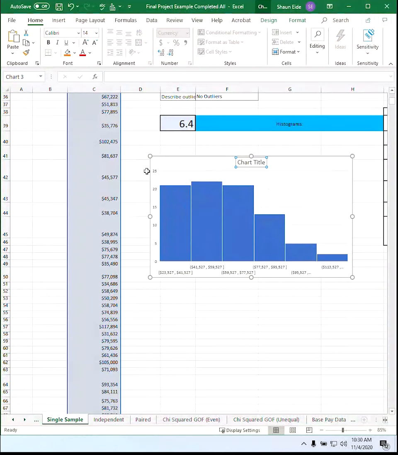So I'm going to put right here, distribution of Atlanta salaries.